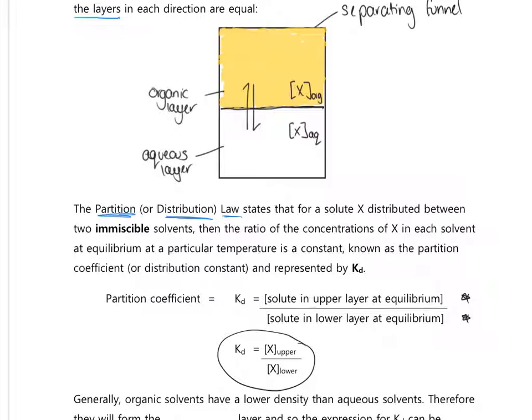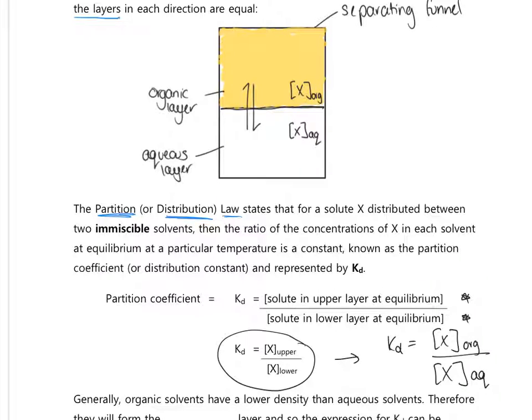As we said, generally organic solvents have a lower density than aqueous solvents, and so that means they tend to form the upper layer. So we can simplify that to KD is the concentration of X in the organic layer over the concentration of X in the aqueous layer.